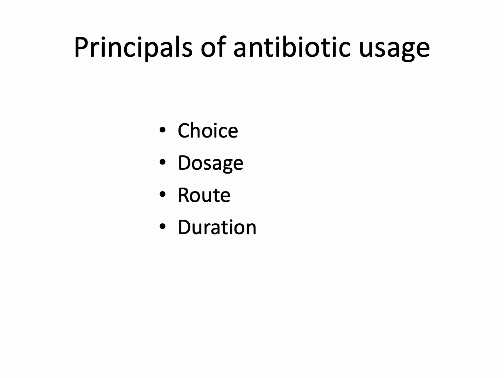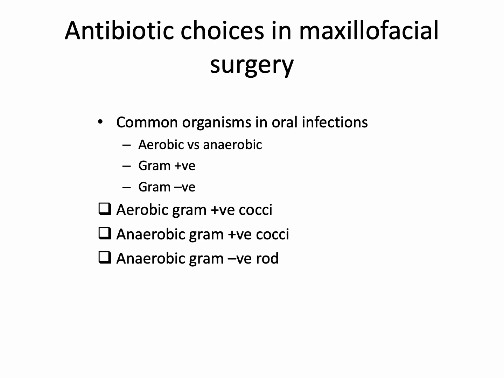Dosage depends on the body weight. Route can be either oral or parenteral, and duration depends on the severity of the infection. The antibiotic choices in maxillofacial surgery should cover the common organisms involved: the aerobic gram-positive cocci, anaerobic gram-positive cocci, and the anaerobic gram-negative rods.